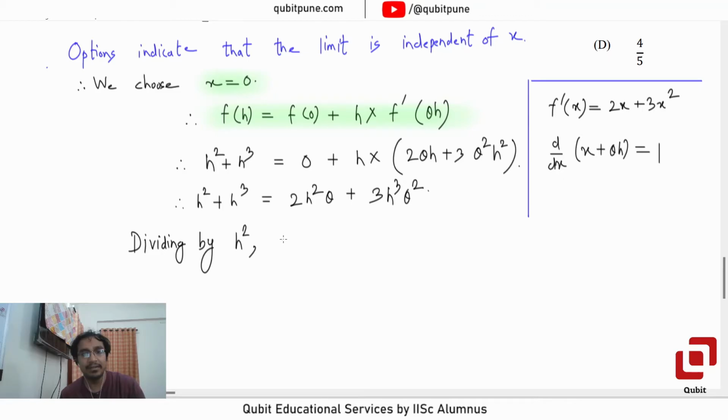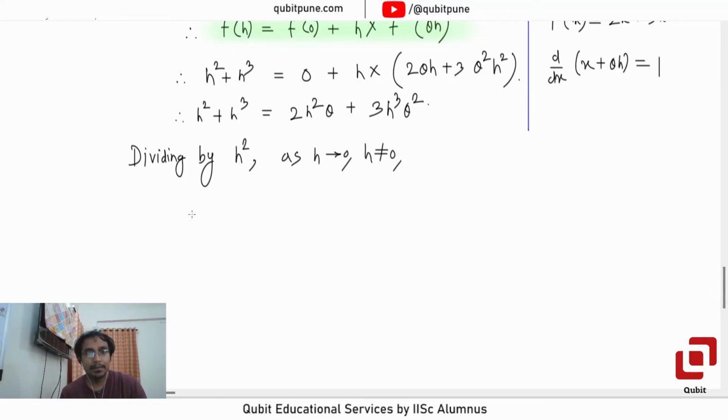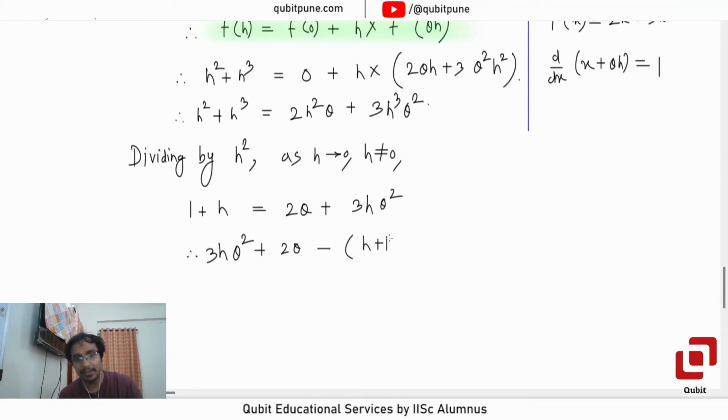That's not going to make any difference as h is not equal to 0, it tends to 0. So we will get 1 plus h equal to 2θ plus 3hθ squared. Therefore 3hθ squared plus 2θ minus h minus 1 equals 0. That's the quadratic equation that we have got.